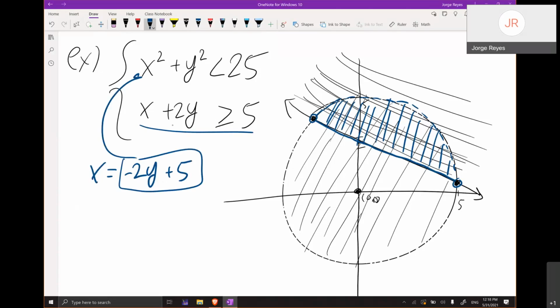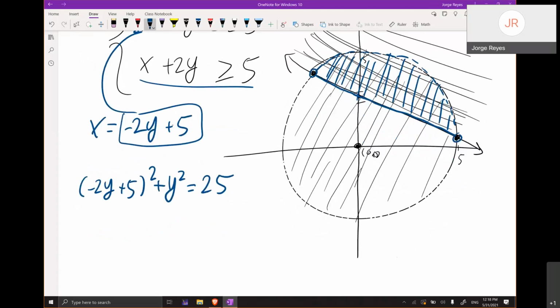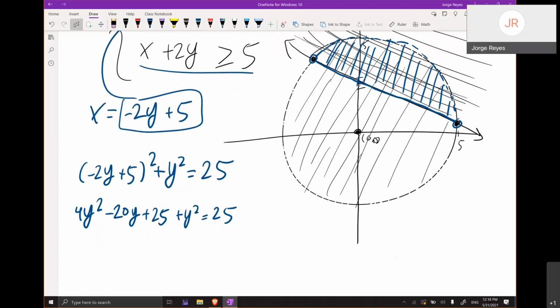I plug that in there. So (-2y plus 5) squared plus y squared equals 25. 4y squared minus 20y plus 25 plus y squared equals 25. So 5y squared minus 20y equals 0.